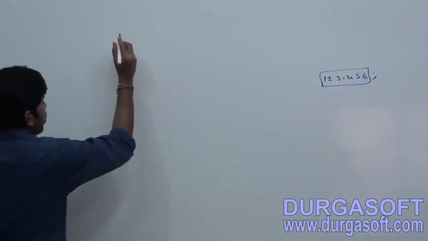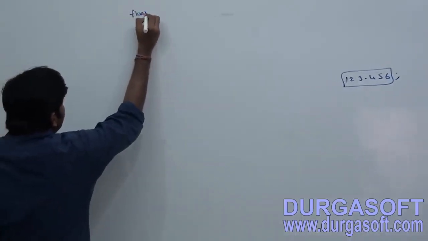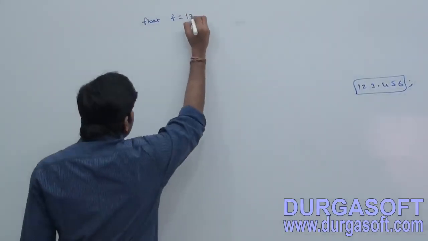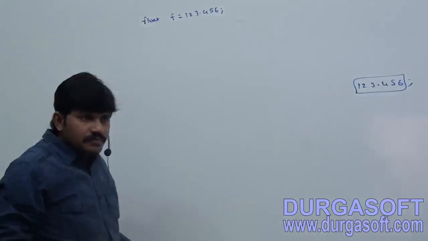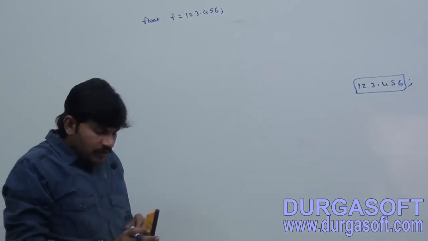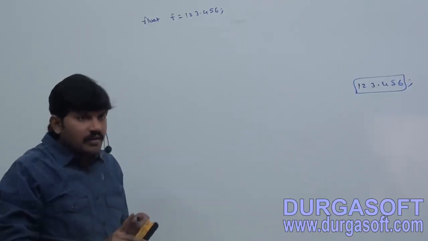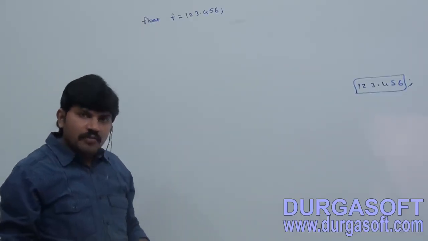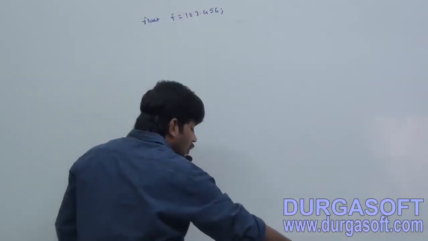Now I am taking, here observe, float f is equal to 123.456. Valid or not? Valid or invalid? If I write it like this, the compiler will give an error, because 123.456 is of what type? Double.